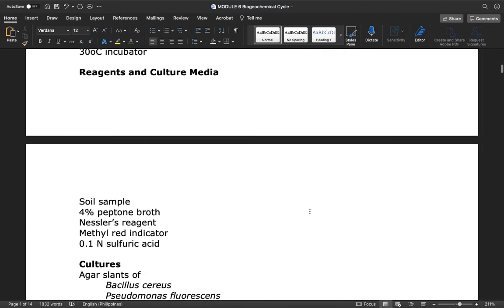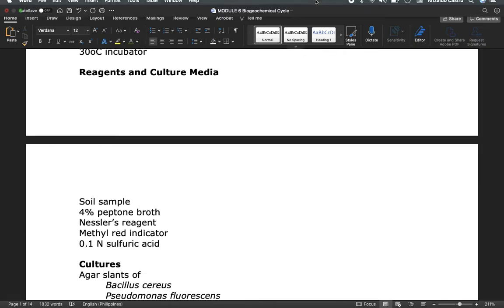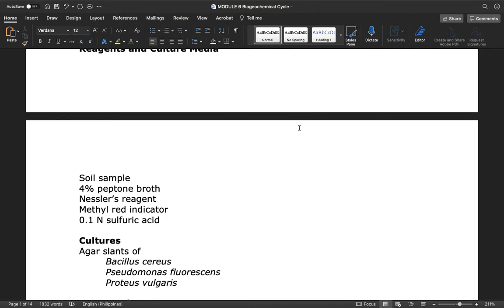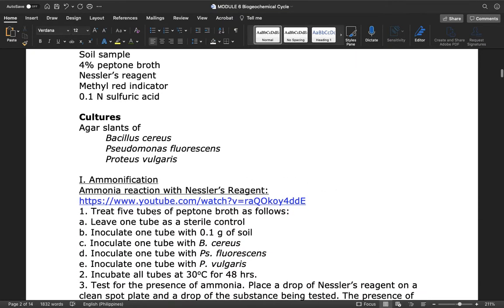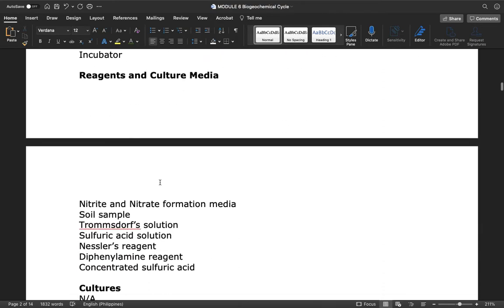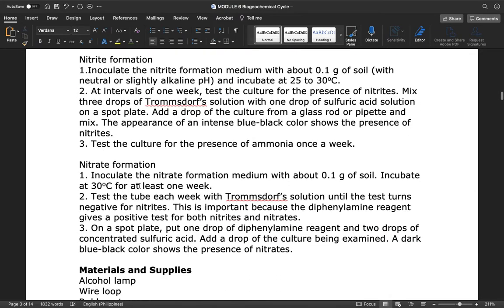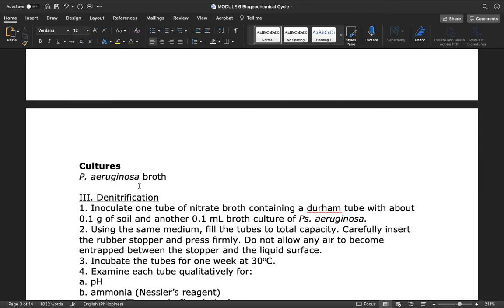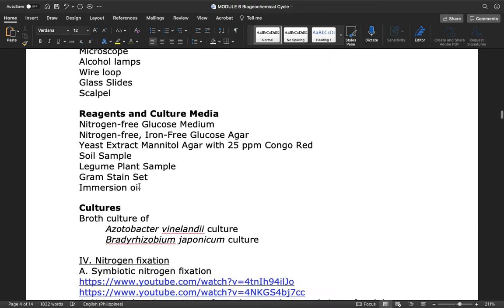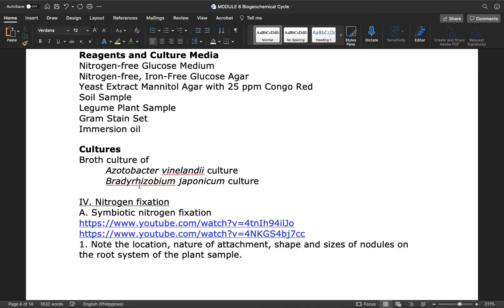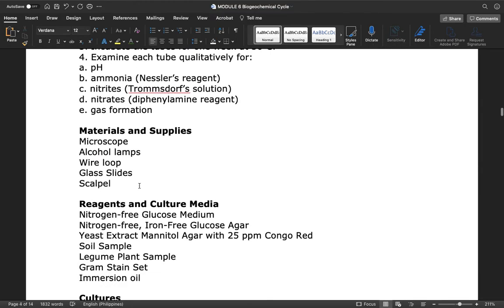So, those four processes in the nitrogen cycle that we demonstrated with the protocol that we have include ammonification, then nitrification, both for nitrite and nitrate, and denitrification. And then somehow we also introduce the idea of nitrogen fixation.